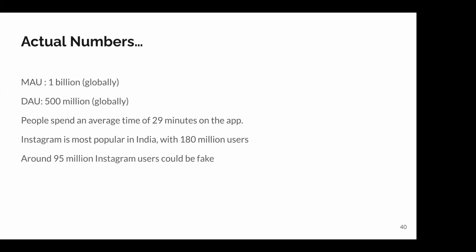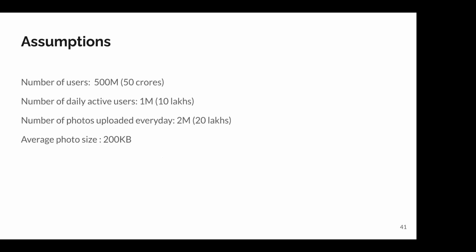Also, some trivia: around 95 million Instagram users could even be fake. So these are the actual numbers. What we are going to assume is we have only 500 million users, that is around 50 crores. Our daily active users are going to be around 1 million, that is 10 lakhs. The number of photos uploaded every day is going to be around 2 million, and average photo size is going to be around 200 KB.